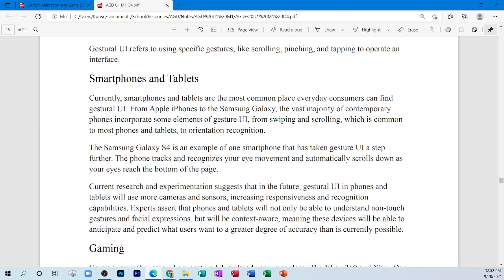Gesture would be if you move your hand to a certain direction and the camera moves in that direction, but then technically it's a gray line area. But that's more of tracking. The camera is tracking you where you are moving.